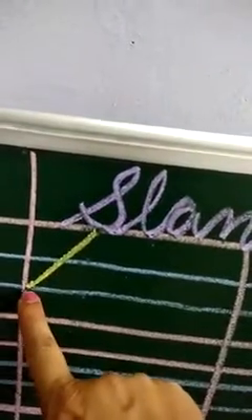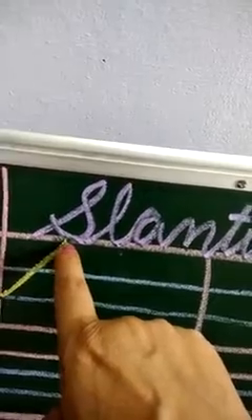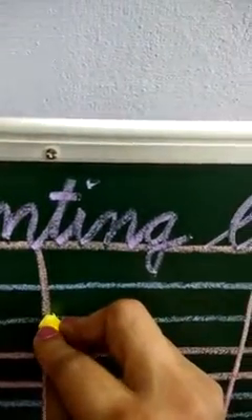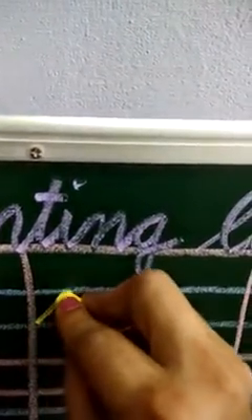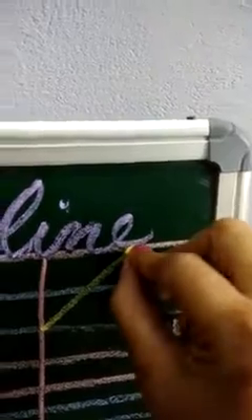Okay, start from the blue line and go upward with a little bit of slant and touch the pink line. Same here, start from the blue line, third line, with a little bit of slant, touch the pink line.